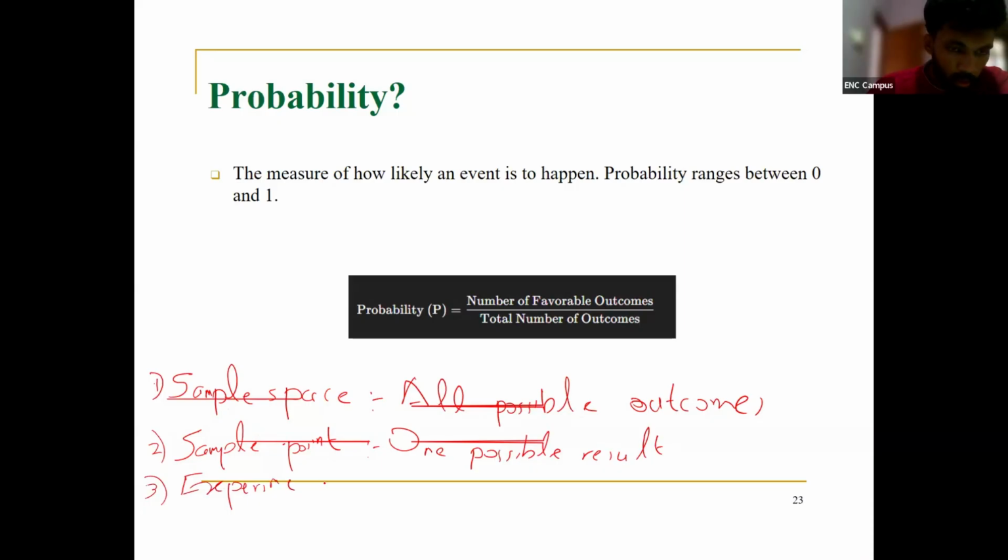Experiment is the process. Event is a subset of the sample space.